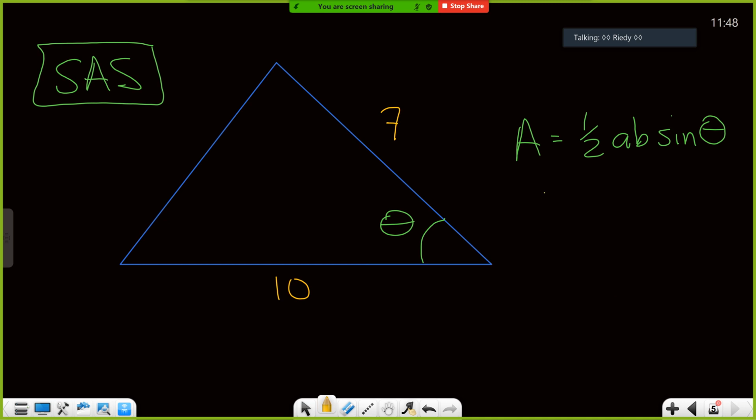And the area is, hold on, I don't want to guess. Let me, hold please. And the area is 30 centimeters squared. Solve for theta.